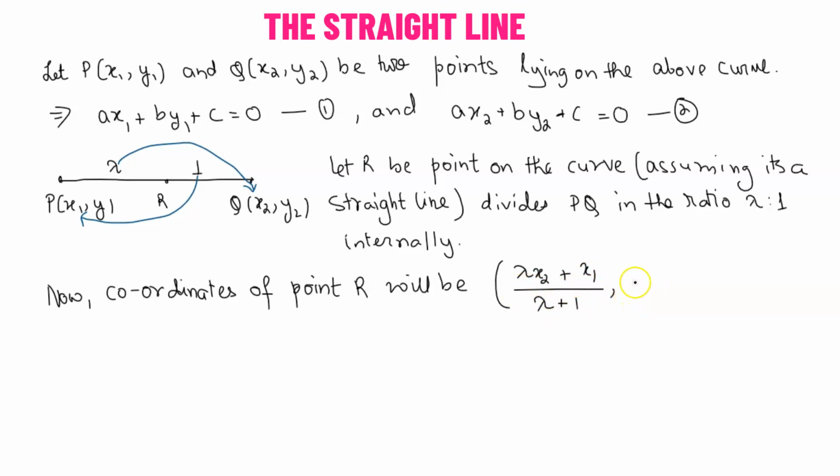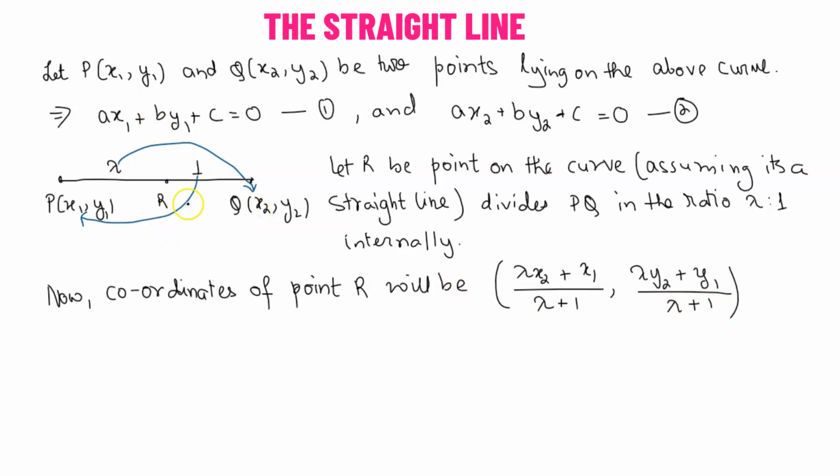Then for the y coordinate, we have lambda times y2 added to 1 times y1, the y coordinate of P, divided by lambda plus 1. So this is how we can define the coordinates of point R.